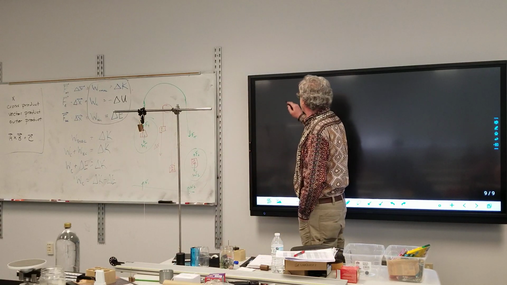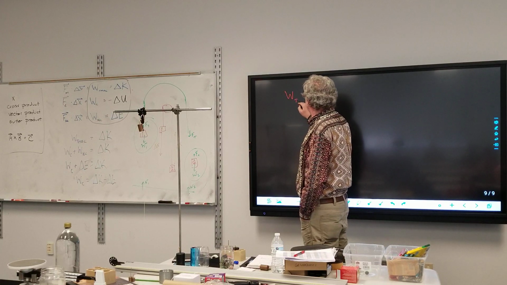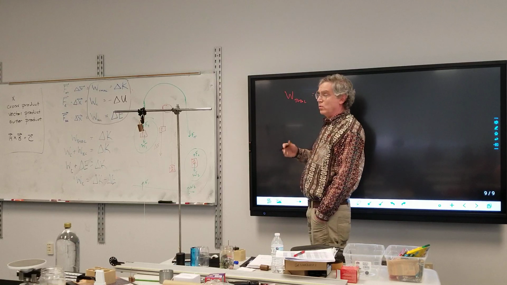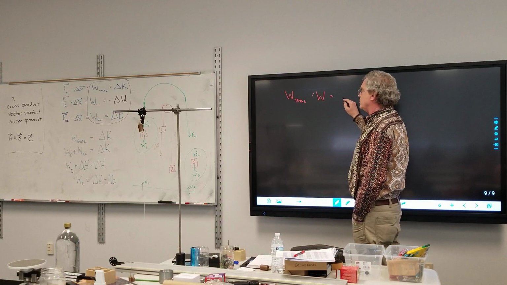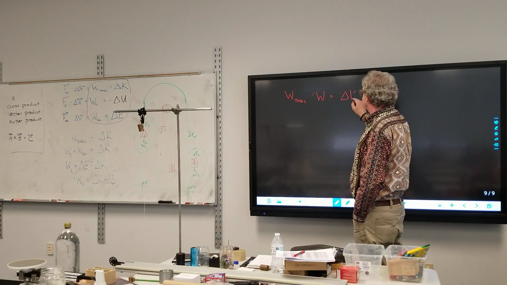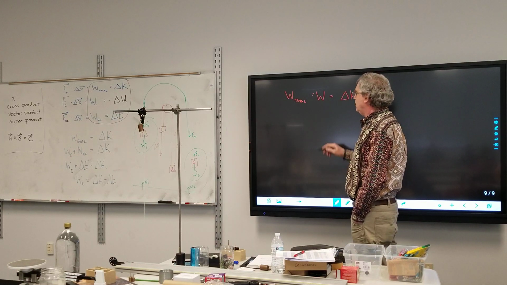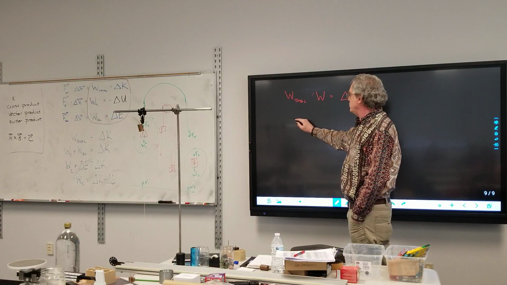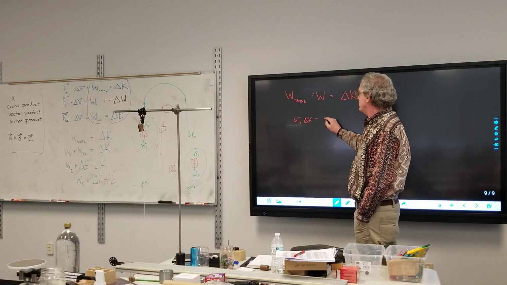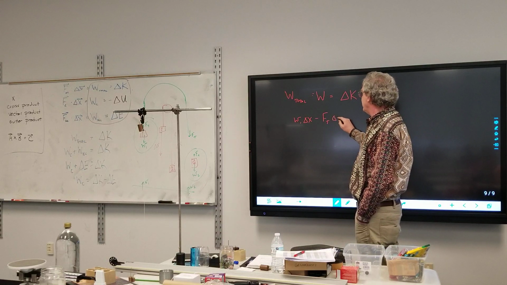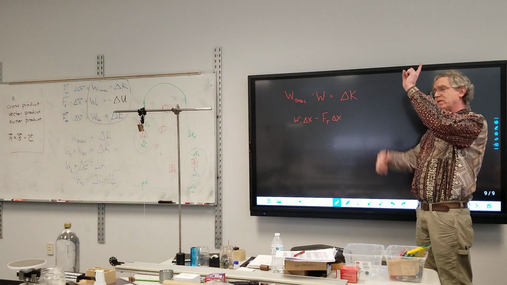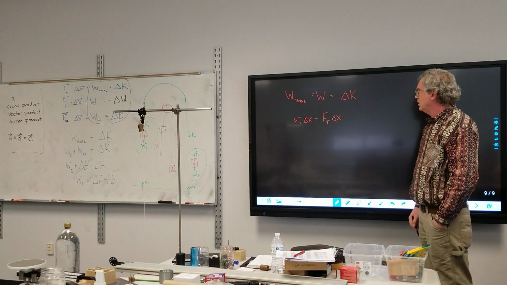So the work done, so I'm looking at the total work, is equal to the change in kinetic energy. The work here is weight 1 times delta x minus my tension times delta x. Again, it's minus because the tension is up, but mass 1 is moving down.